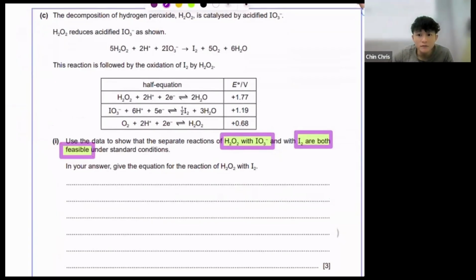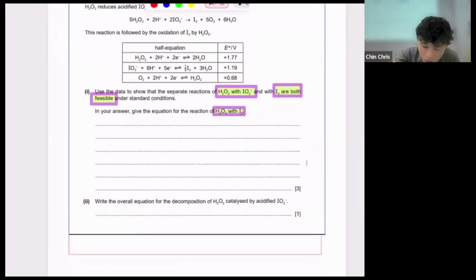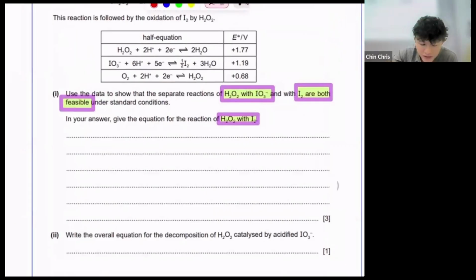Okay, so guys, let's try. Give the equation in your answer. Give the equation of H2O2 and I2. They already mentioned: use the data, both feasible under standard conditions, and in your answer give the equation for H2O2 and I2.